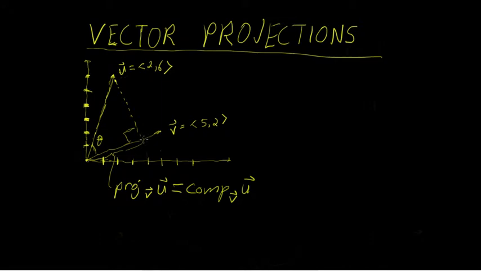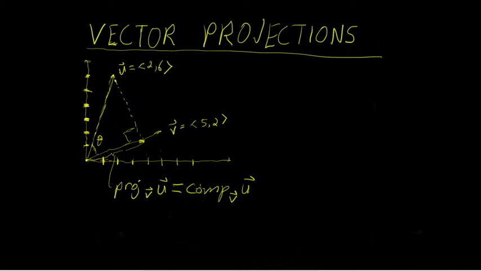And then when we look at the point of intersection between the dotted line and vector v, and we draw a vector whose initial point's on the origin and whose terminal point is at that intersection of this dotted line that goes through the terminal point of u and is orthogonal to v, that point will be the terminal point of this projection vector, and it's called the projection of vector u onto vector v.